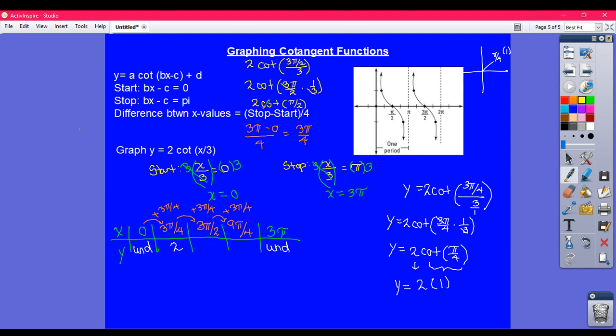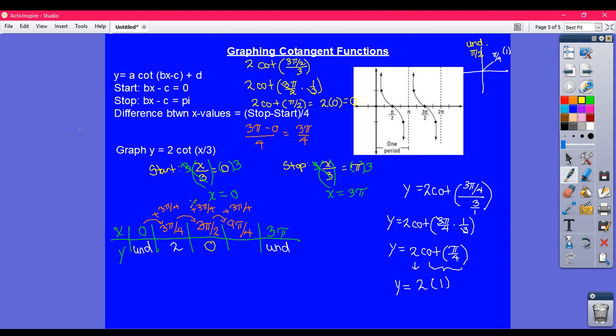Now again, I'm going to get the tangent value of pi over 2 and then find the reciprocal of that to get the cotangent of pi over 2. So if I look at pi over 2, which is on that vertical axis, the tangent value there is undefined. Well, the reciprocal of undefined is actually 0. So 0 and undefined are reciprocals of one another. So if I were to take the reciprocal of undefined, it would be 0. So the cotangent of pi over 2 is 0, and 2 times 0 would give me 0. So my third y value is 0.